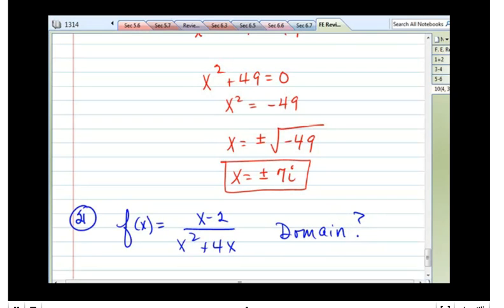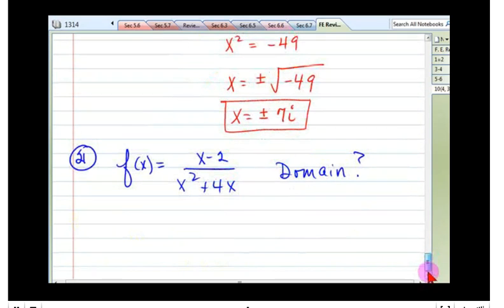What are we worried about? The bottom, because the domain is where this thing exists. And if there's a problem, there's somewhere it can't exist. So take the bottom and set it equal to 0 and solve.